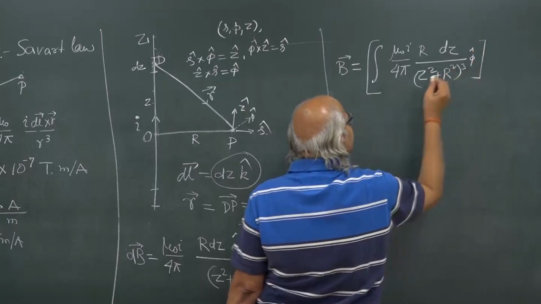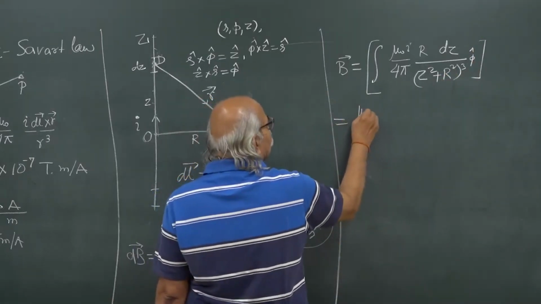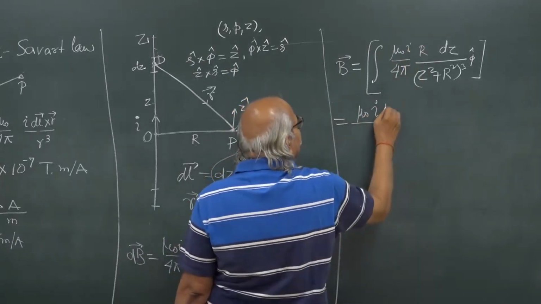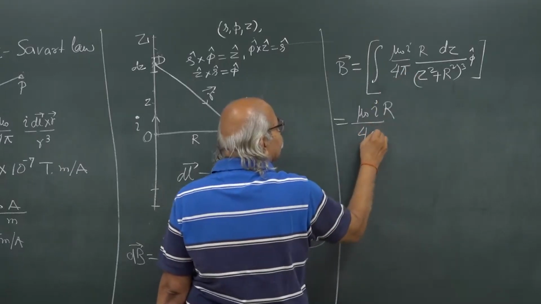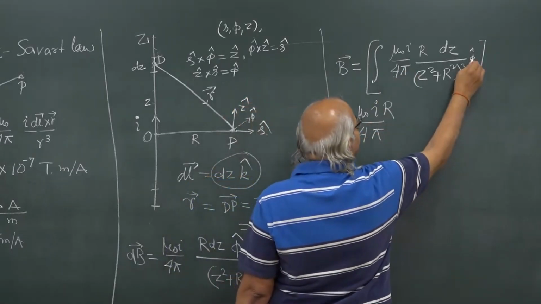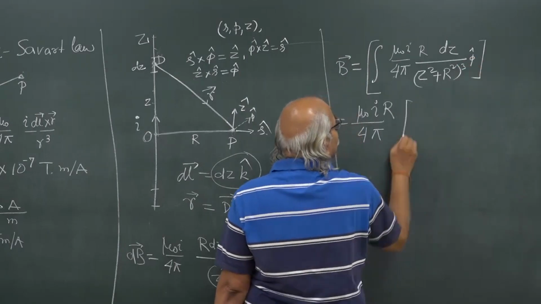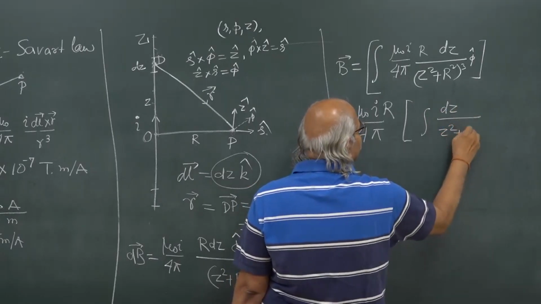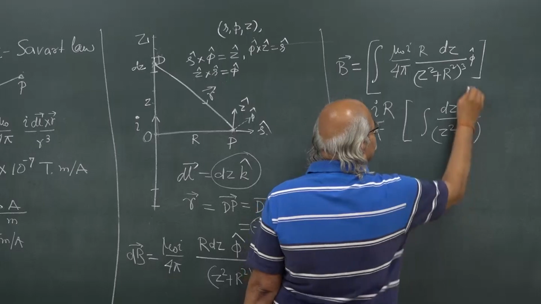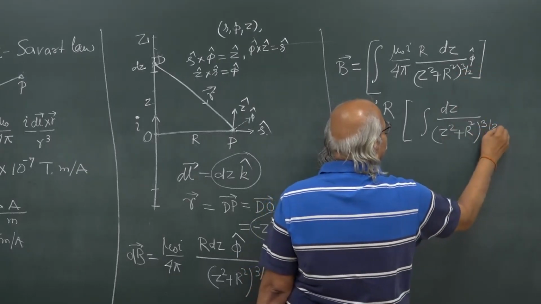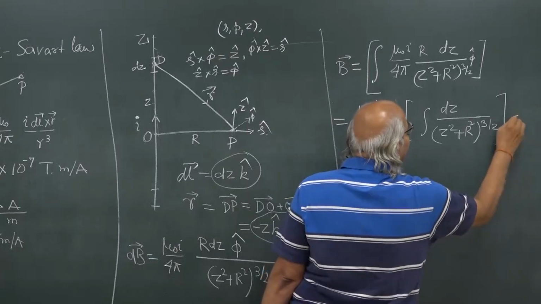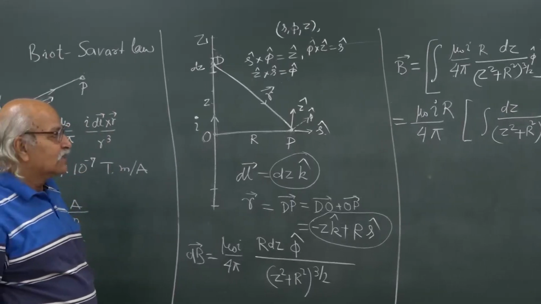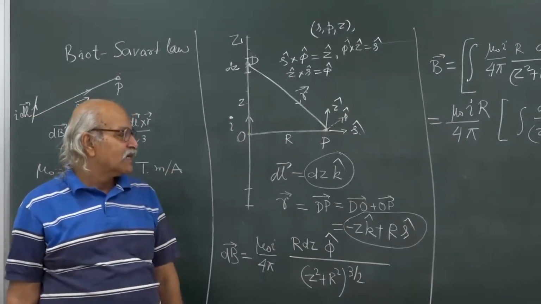I can take out the current I, this capital R, this 4 pi, and this phi cap also. So it will be the integration of dz over z square plus r square to the power 3 by 2, bracket closed, and phi cap. We can do that. Now it's a simple calculus exercise.